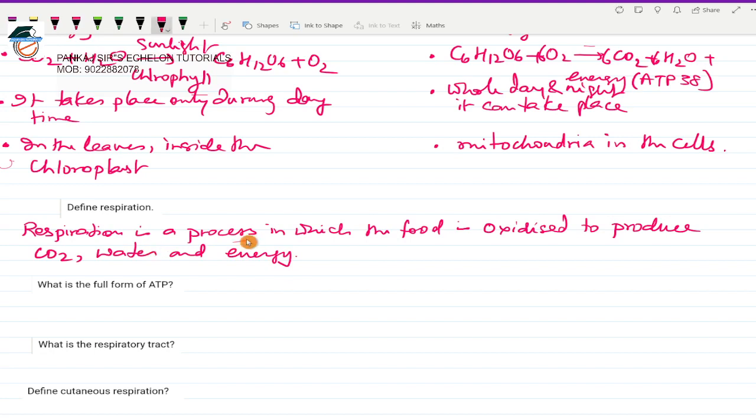So this is a simple definition of respiration.